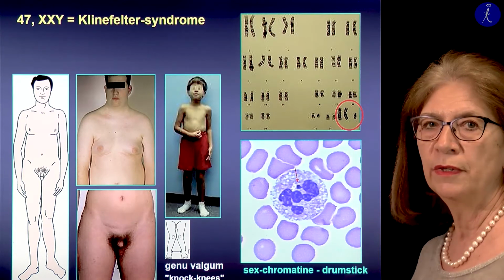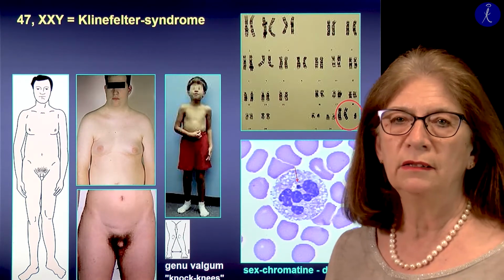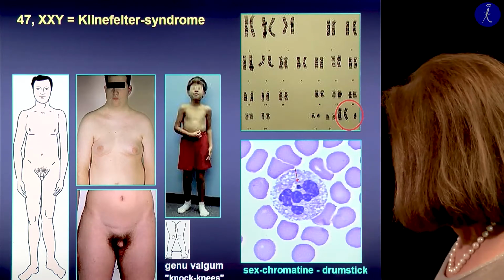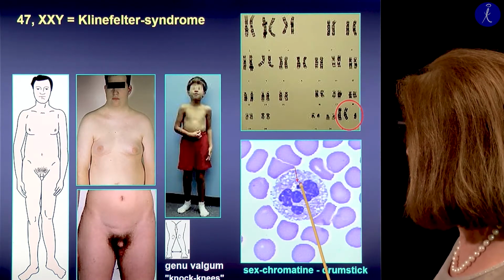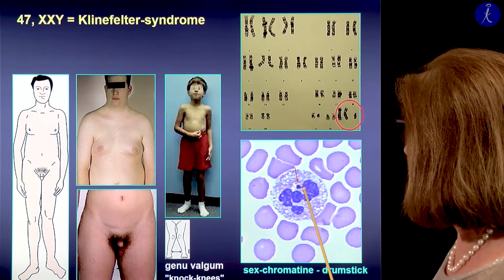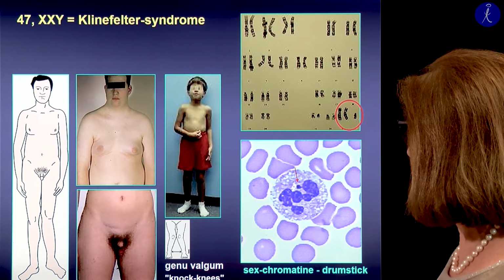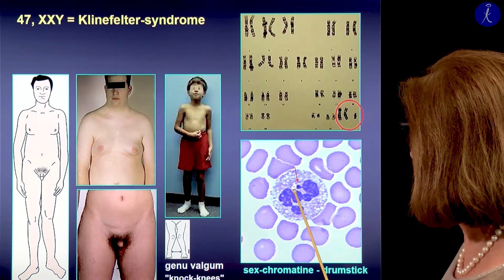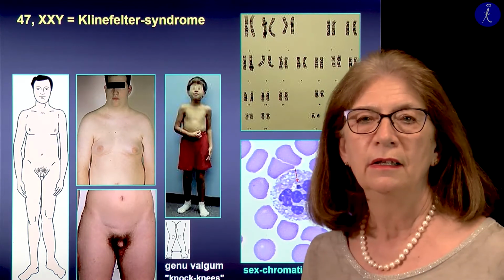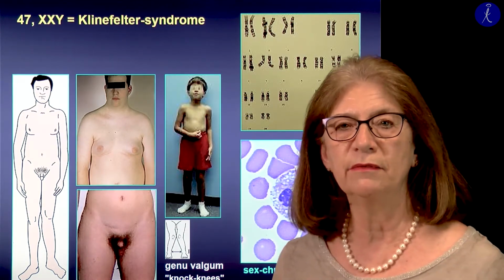a Y chromosome. Also, if you look at the neutrophilic granulocytes, there is a small process on one of the mature segmented neutrophilic granulocytes. This is the so-called sex chromatin or drumstick. This is the sign of an inactive X chromosome.